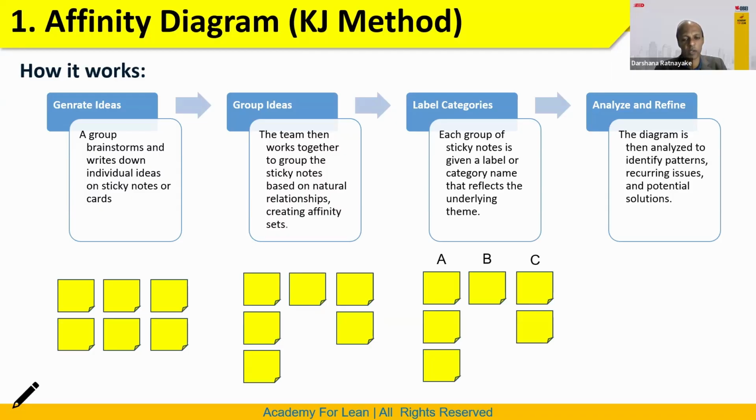This A means all the things we discussed about zooming are there. All the things we discussed about the lens are in the second one, B. C means number of cameras, for example. So any idea related to number of cameras goes into the C category, or we call the affinity sets.